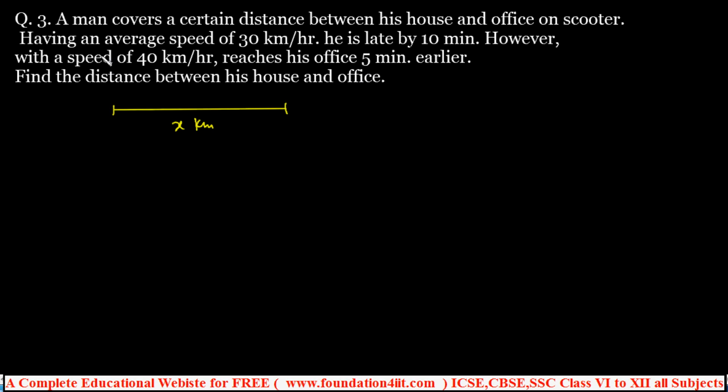Now the question is, having an average speed of 30 kilometers per hour he is late by 10 minutes. If the speed is 40 kilometers per hour, he reached the office 5 minutes early. Find the distance between his house and office. Okay, the house and office distance is x kilometers.